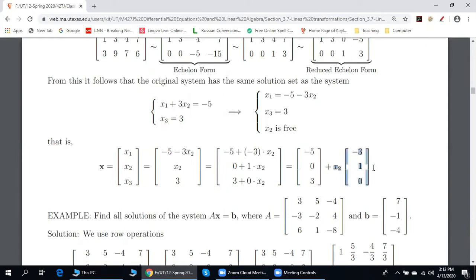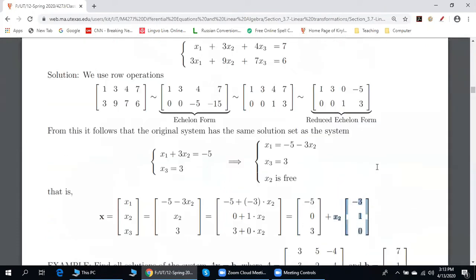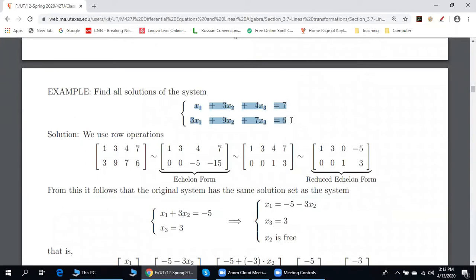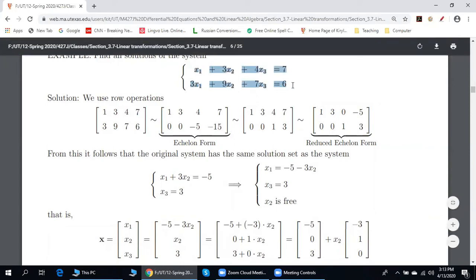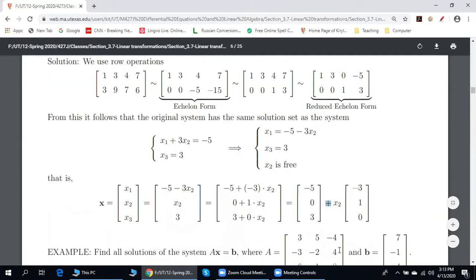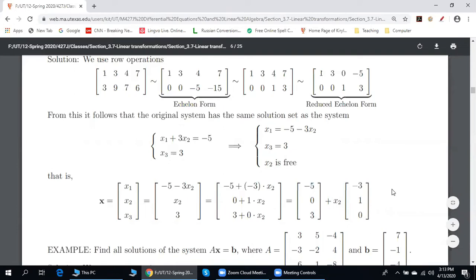Conclusion: what is written here is the general solution of our corresponding homogeneous system. So, repeat once again. If we have a non-homogeneous system, its general solution is the sum of two pieces: a particular solution of the system plus the general solution of the corresponding homogeneous system.